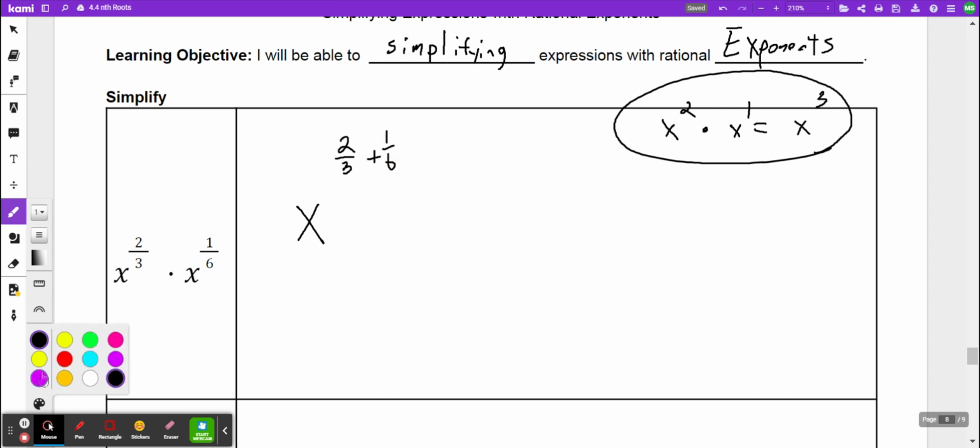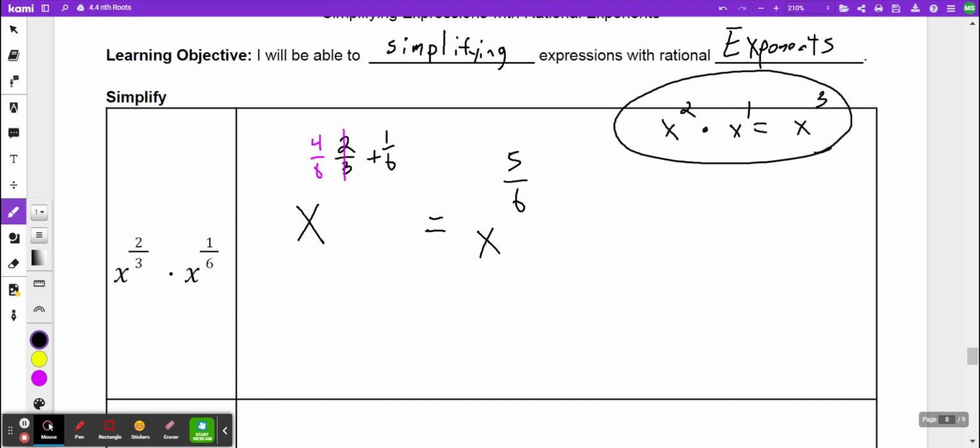And I can actually convert this into 4/6 right here. So I can cancel this out right now. So I should be left with x to the 5/6. And we're done. That's it.